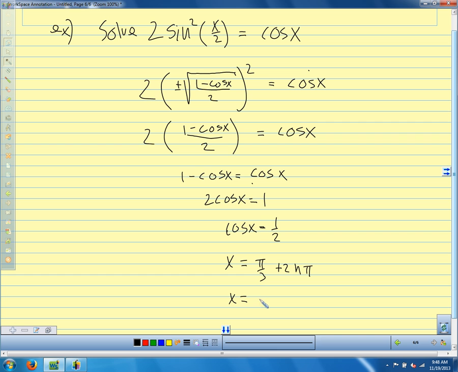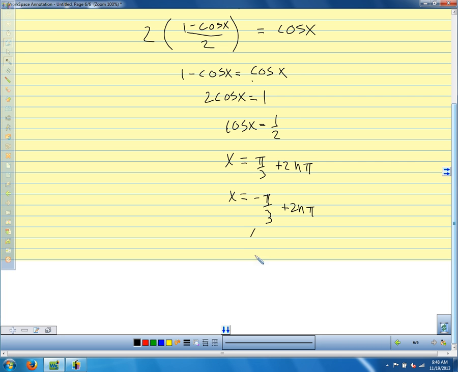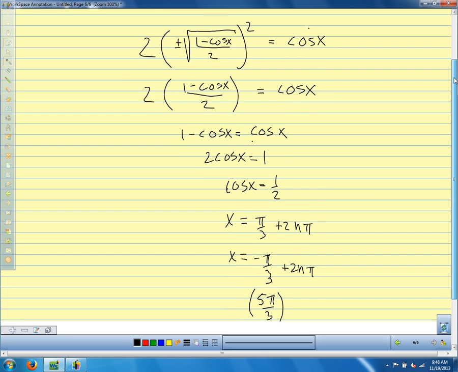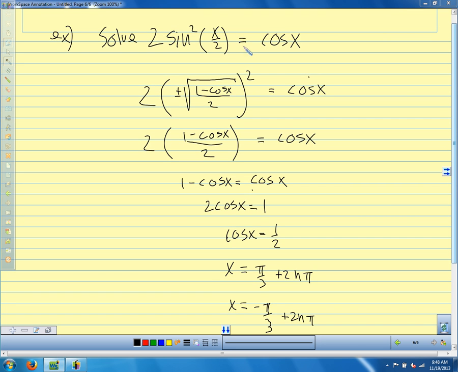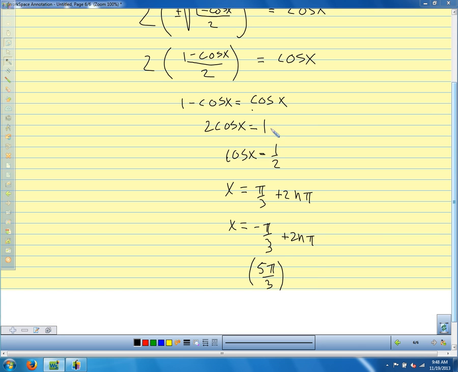So we could say negative pi over 3 plus 2n pi, which is the same thing as writing 5 pi over 3. So we go from this kind of intimidating looking equation to a pretty easy equation using our half angle formula. Questions on that example?